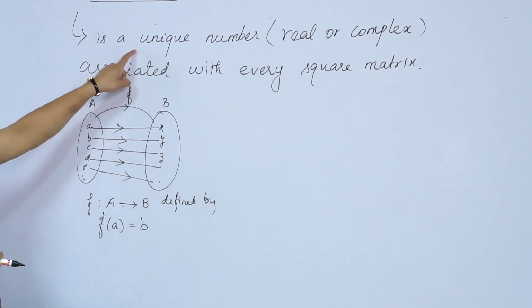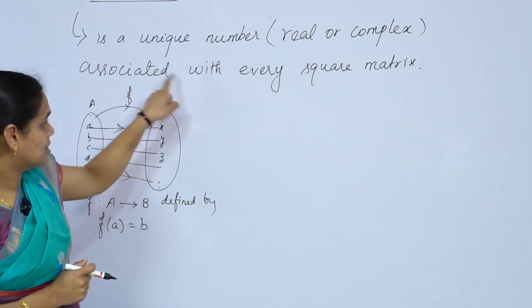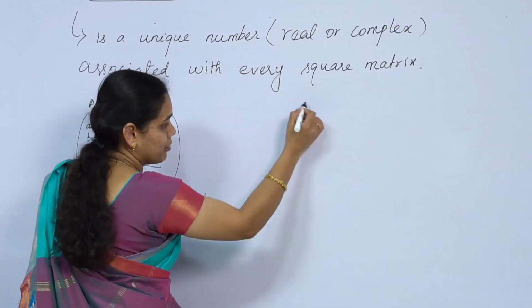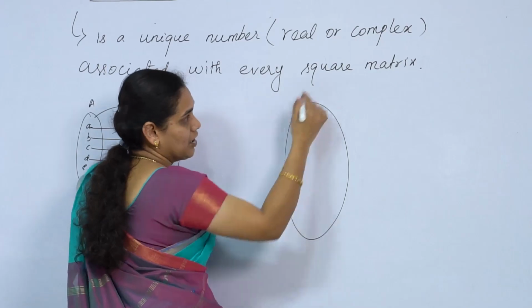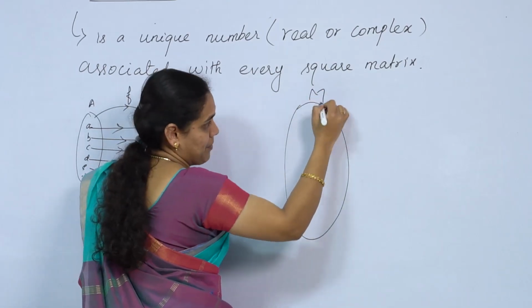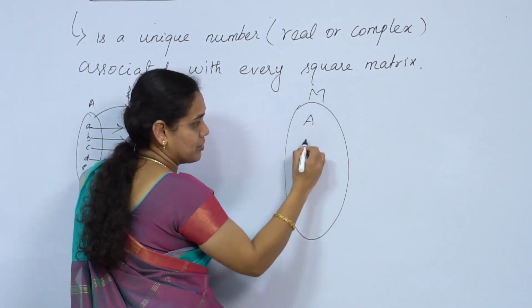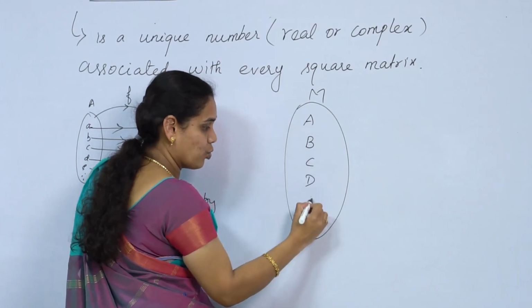Similarly, it reminds us of this: a unique number associated with every square matrix. Now we put the set of all square matrices in this set, let us name it M. A is a square matrix, B, C, D, and so on.